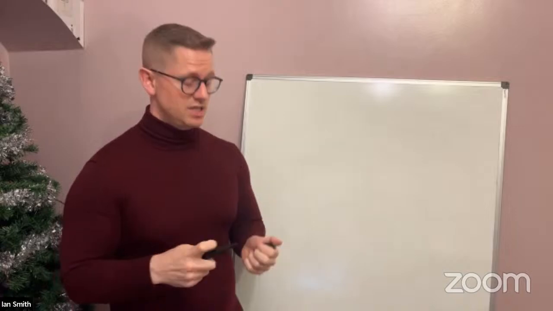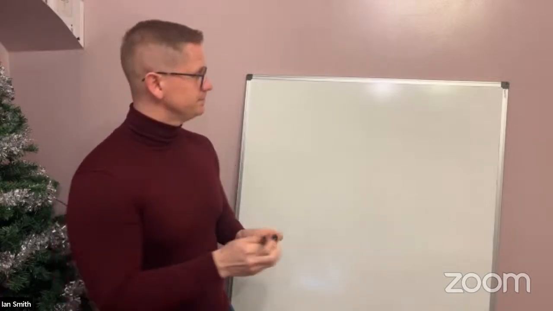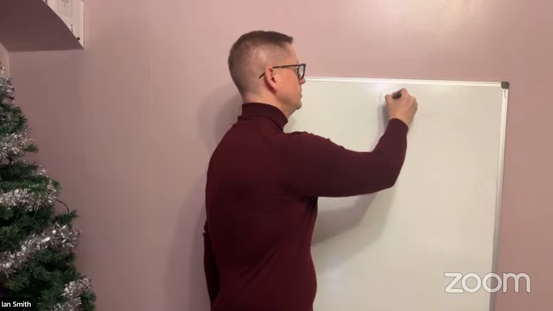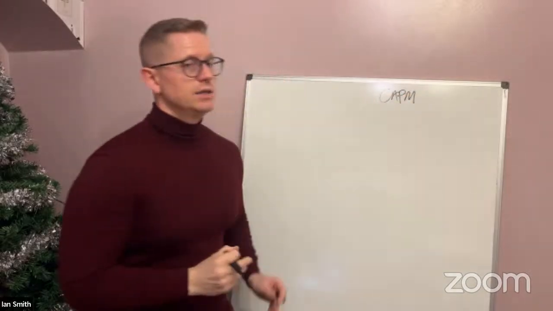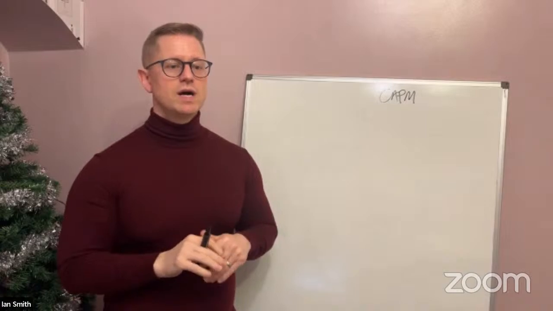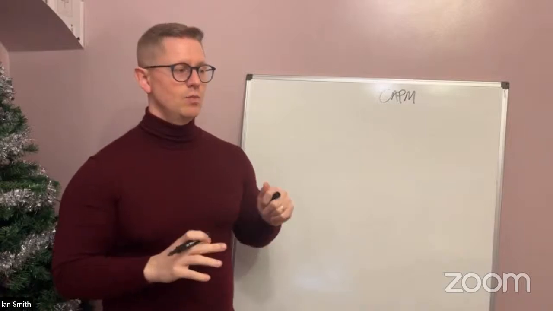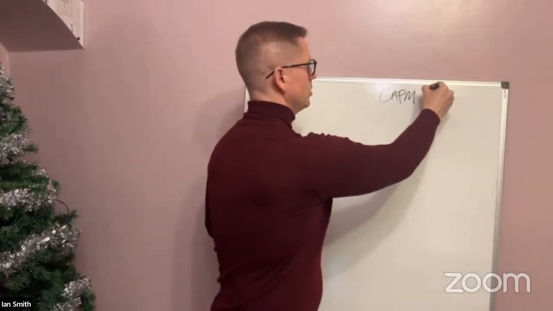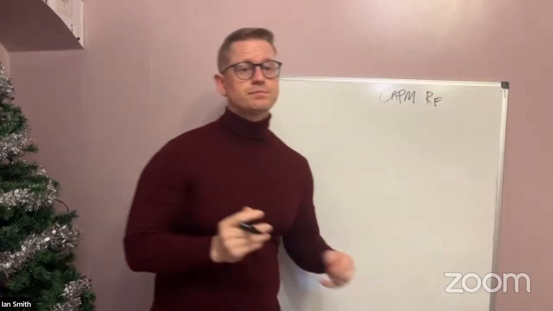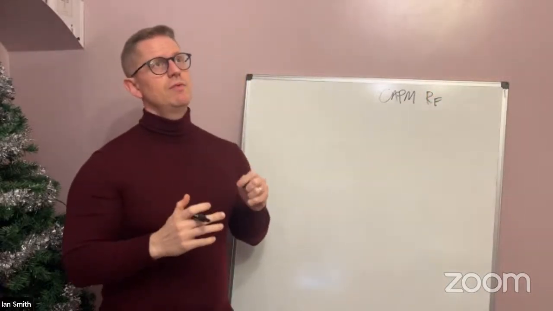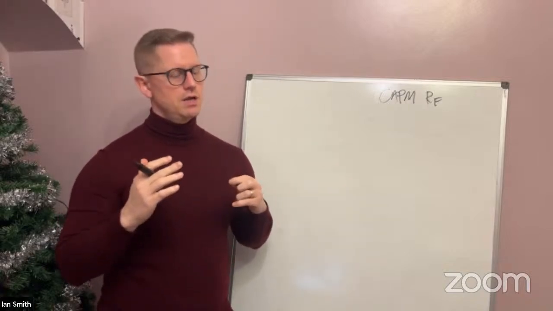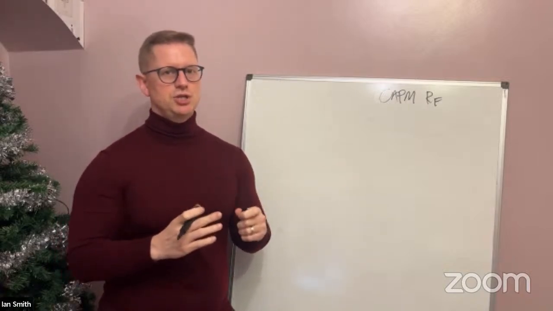So, cost of equity recap: we covered the capital asset pricing model. That looks at the risk-free rate, which I'll also talk about when we cover cost of debt. We'll call this risk-free rate RF, and it is the rate at which a government bond is issued.